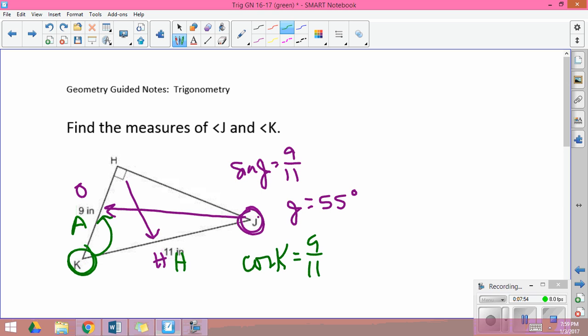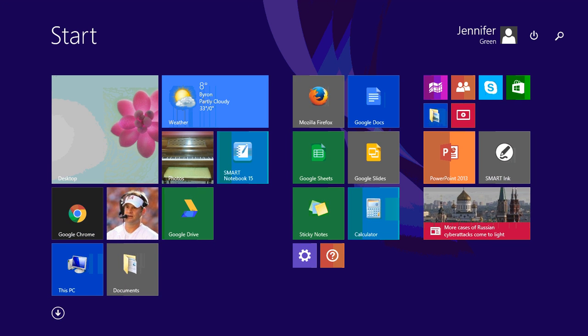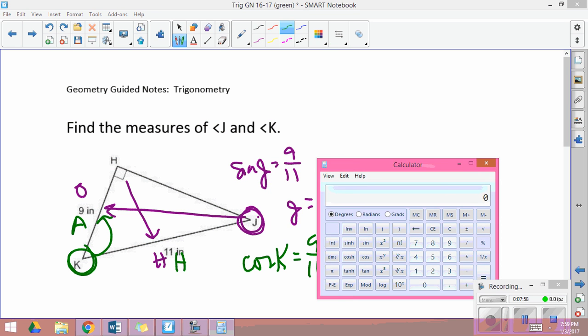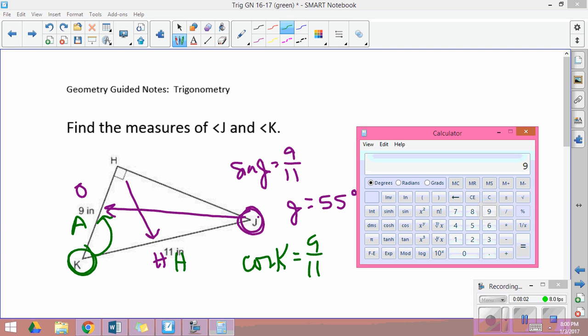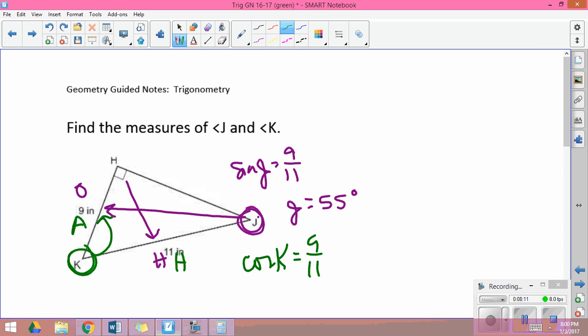When I go to my calculator and I say 9 divided by 11, and I hit equal, and then I do inverse cosine, I get 35 degrees, just like I would expect, so that I can say 55 plus 35 plus 90 equals 180.